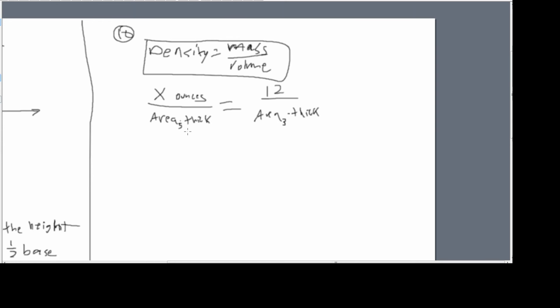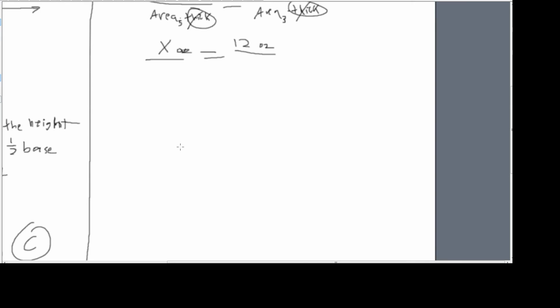So we can cancel the thickness out because they're the same thing. You can just multiply the thickness by both sides and you'll get the same thing. So they will not matter at all. So x ounces is equal to 12 ounces over the area 5 and area 3. So we're going to save this for later.